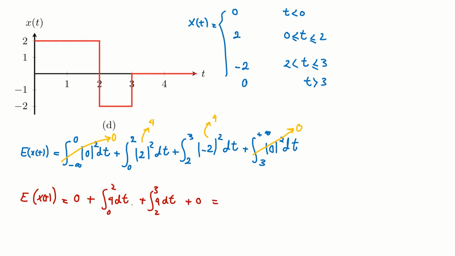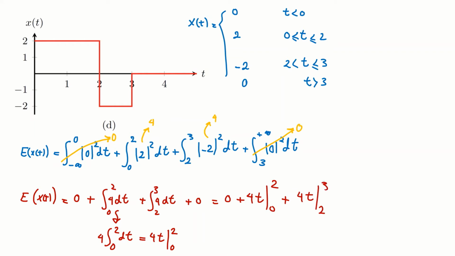If I calculate the integration, I can take out 4 and write it as 4 times the integral from 0 to 2 of dt. We know the integral of dt is t, so we have 4t from 0 to 2, plus another 4t, this time from 2 to 3, plus 0.